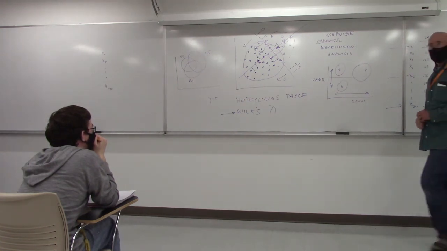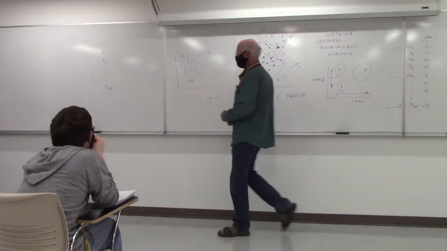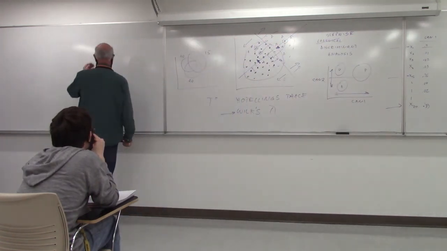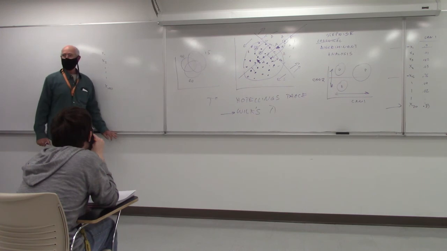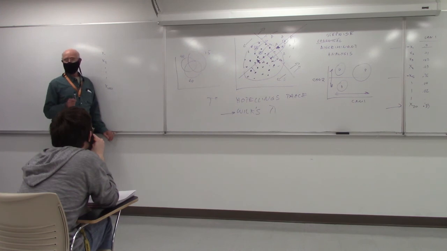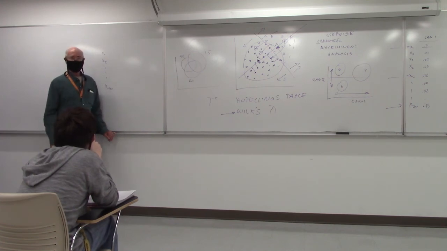So the way we do it is we look at our groups and we search through all the variables and we find the one variable that gives us the best discrimination amongst our groups. And after we've got that one, we're going to look at all the remaining variables and find the next variable that we can add to the system that is going to give us good discrimination.